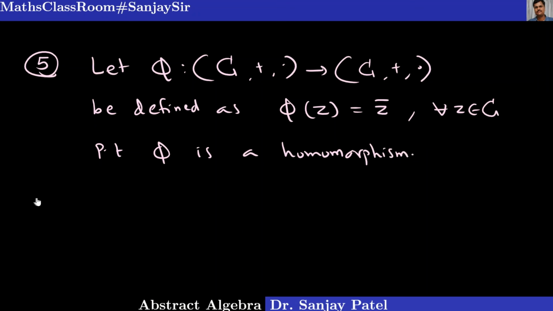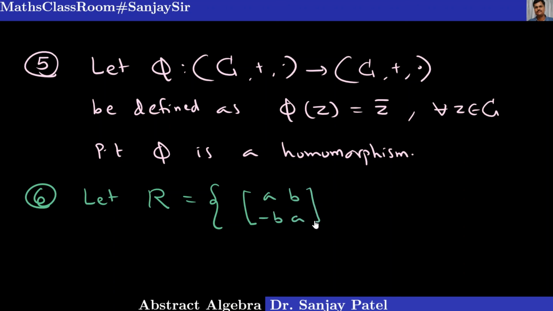In the same way, let me take another example. Let R be the ring defined like this. It is a ring of matrices of the form [a, b; -b, a], that are all 2 cross 2 matrices of this form, where a and b are any real numbers.